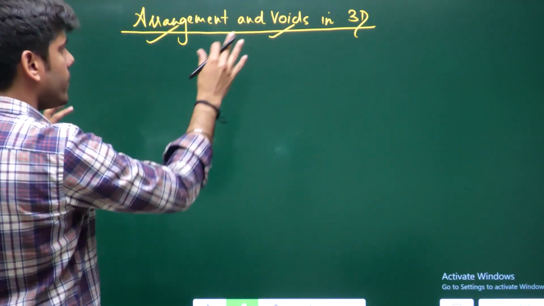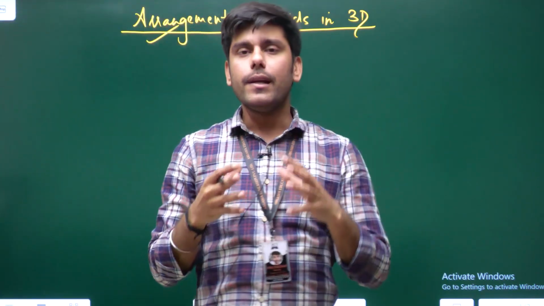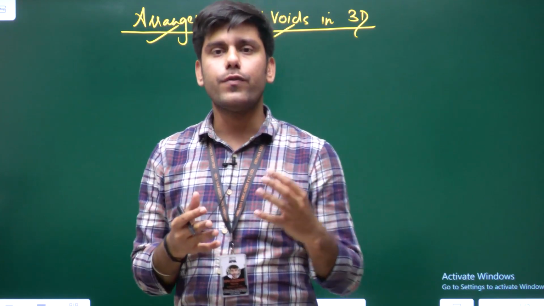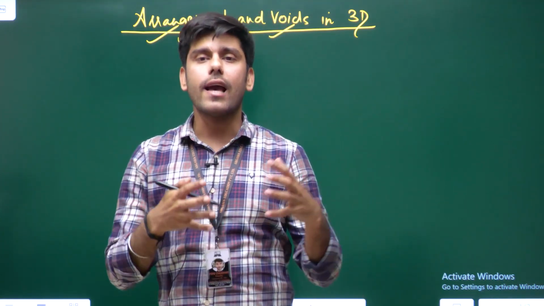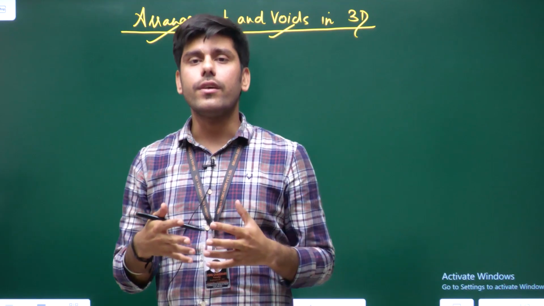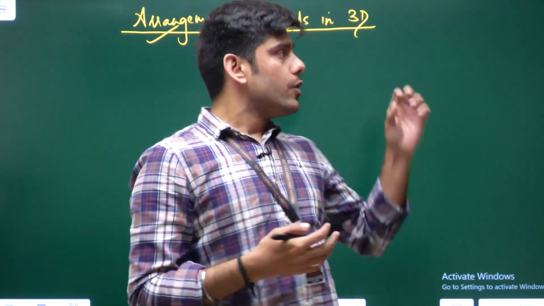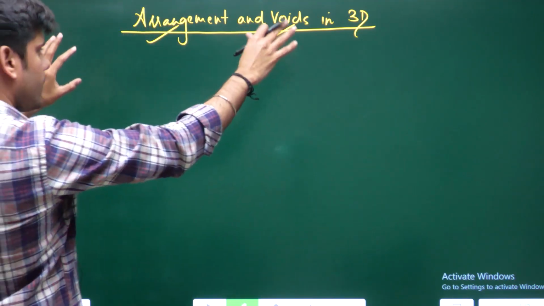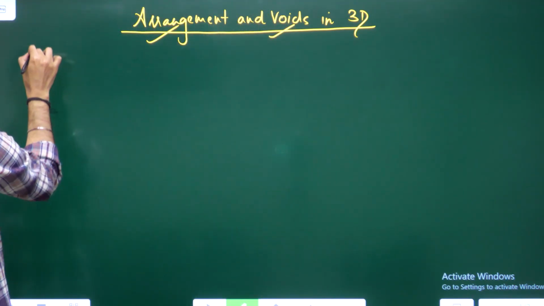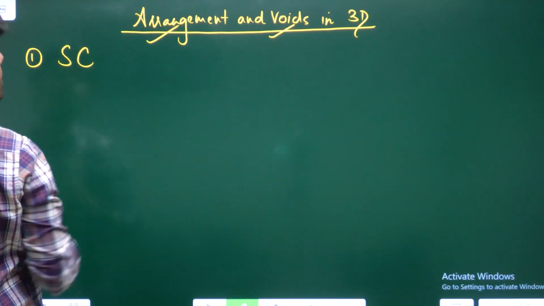So when I say 3D, we study the simple cubic unit cell, which we also call primitive unit cell. Then we have BCC, FCC, and we also have end-centered. So let us see the first unit cell, that is simple cubic.